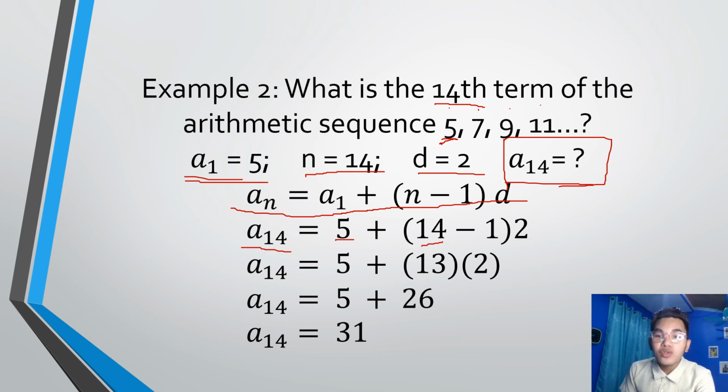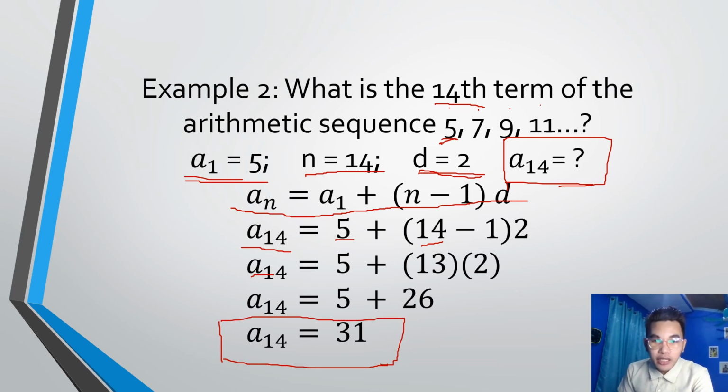Then, multiply by 2, which is the common difference or the gap. So, let's proceed. 14 minus 1 becomes 13. Times 2 becomes 26. So, 5 plus 26 is 31. So, the 14th term is 31.